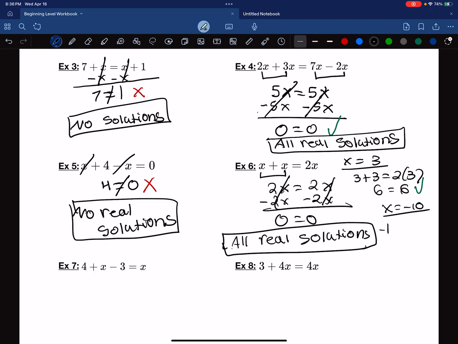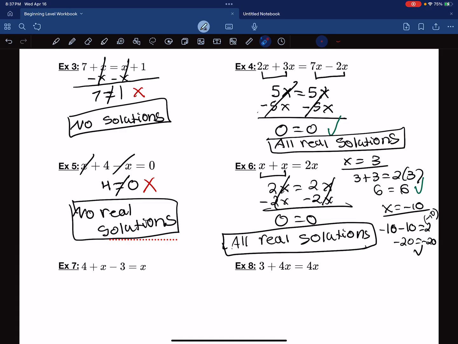So we get negative 10 plus negative 10 equals 2 times negative 10. That gives negative 20, and 2 times negative 10 equals negative 20. So this is also true. So you can see that you can plug in any number you can think of into this equation, and you will always get a true statement no matter what.